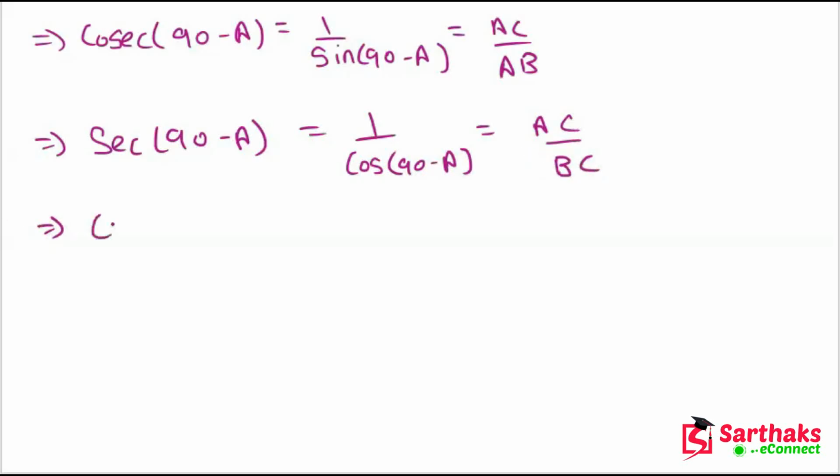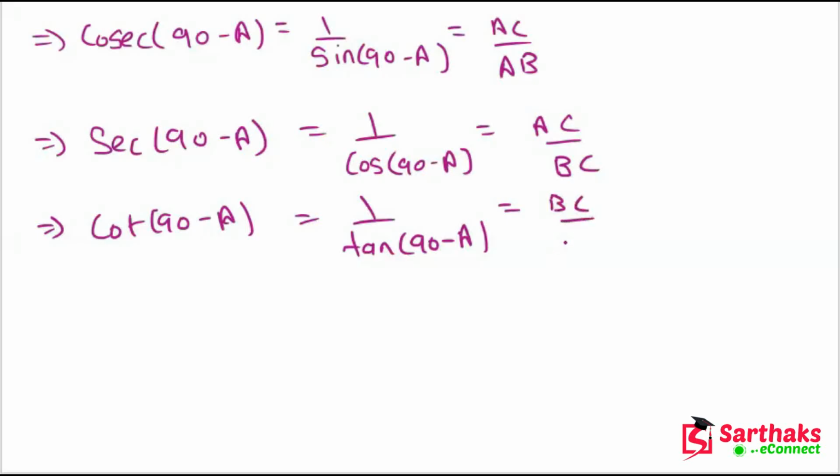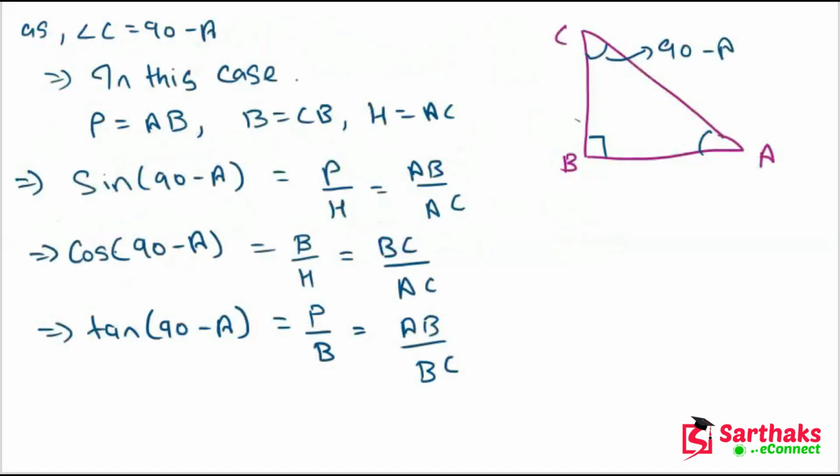Cot 90 minus A is equal to 1 upon tan 90 minus A, and this is BC upon AB, base upon perpendicular.